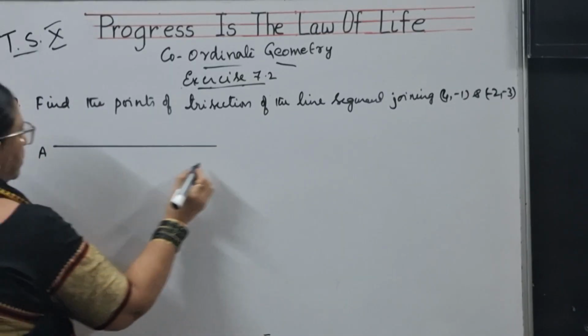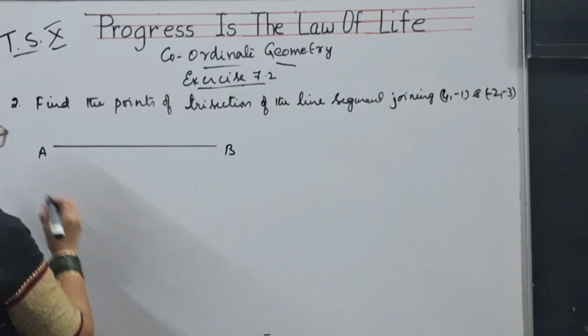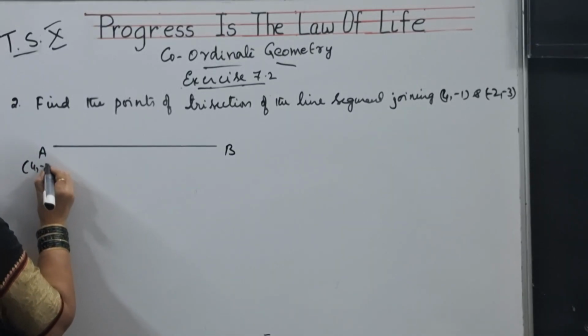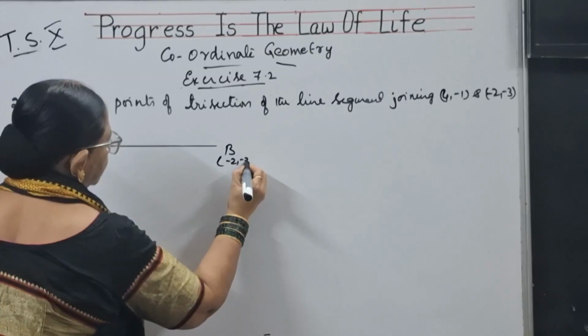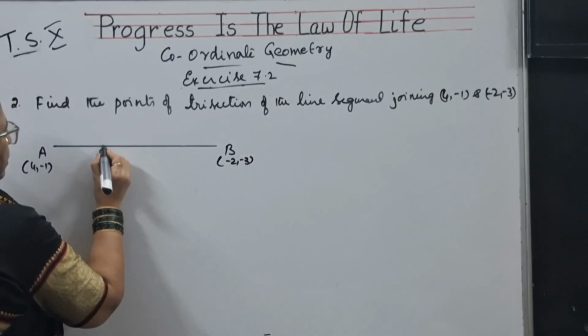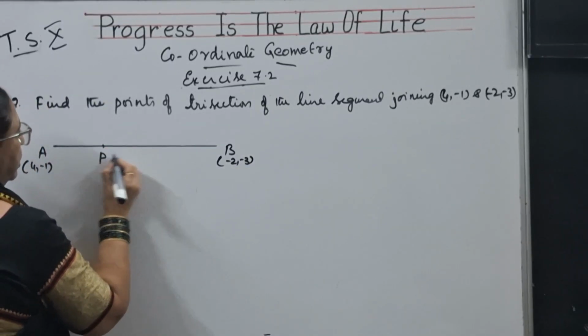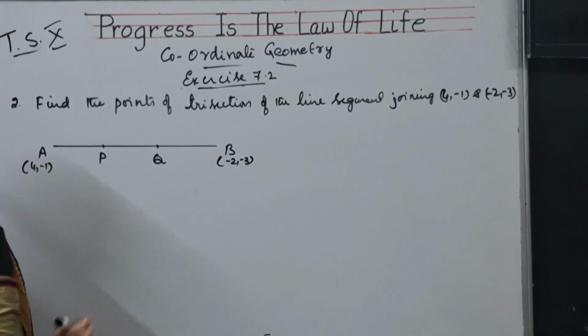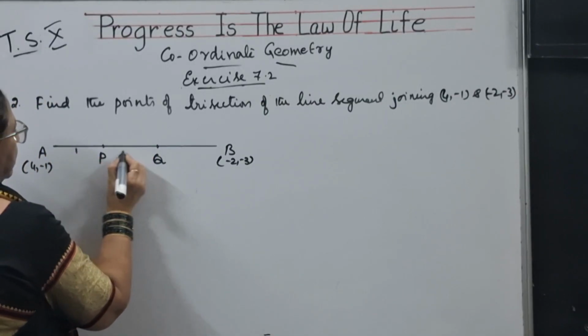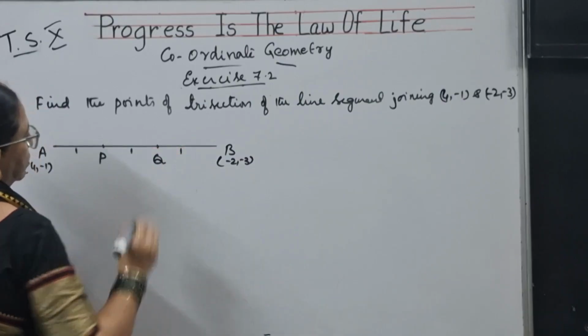Let us consider this as A and B. Coordinates of A is 4 comma -1 and coordinates of B is -2 comma -3. Let us suppose this is P and this is Q. These are the points of trisection which are dividing it into 3 equal parts.